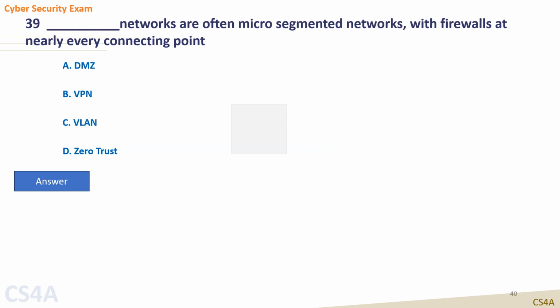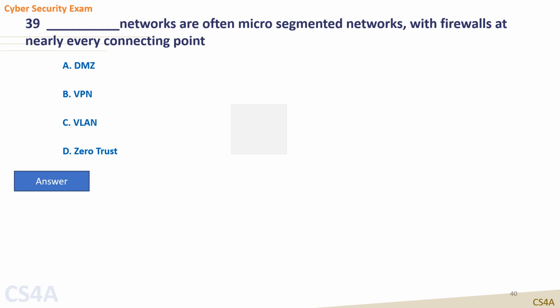So here the question is, dash networks are often micro-segmented networks with firewalls at nearly every connecting point. Okay. So option DMZ. DMZ is not the correct one because the DMZ is related to setting up devices in the perimeter network for protecting the internal corporate network. So that is not related. And VPN is used to connect external users to the internal network, and it won't use any firewall at the perimeter level.